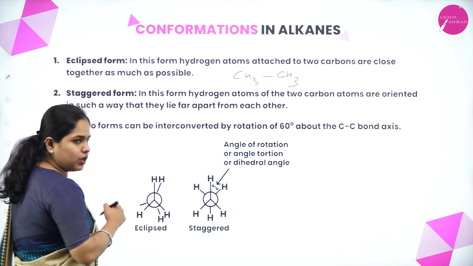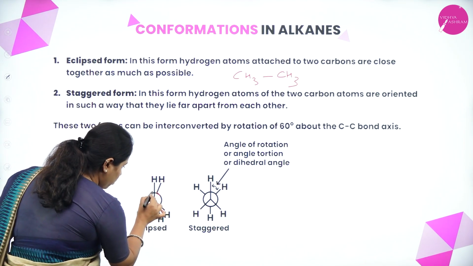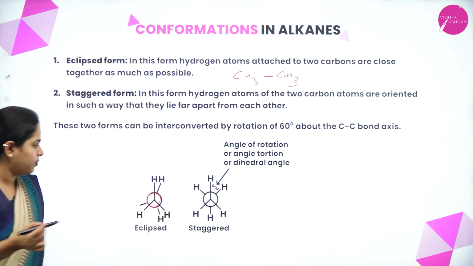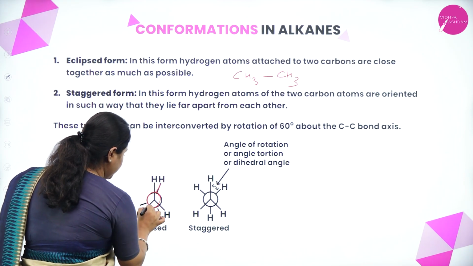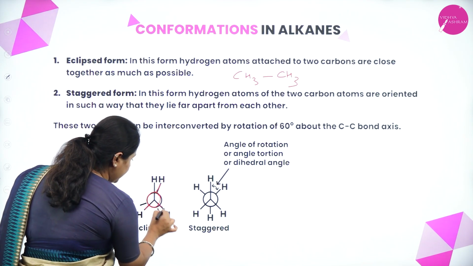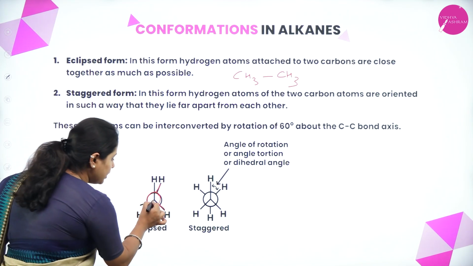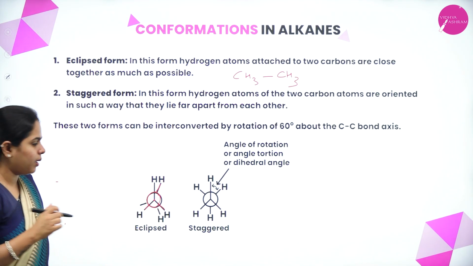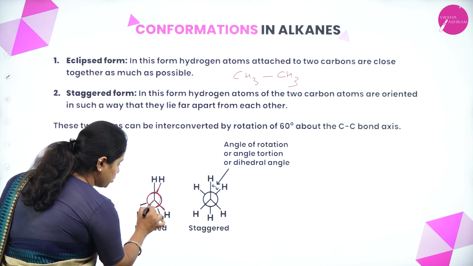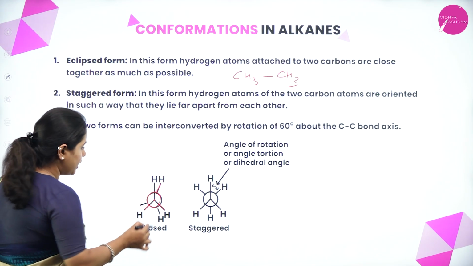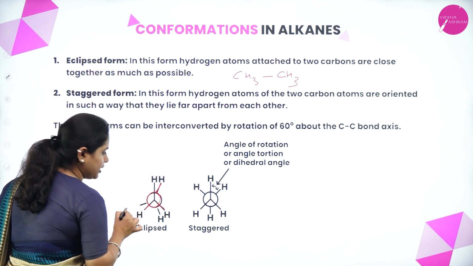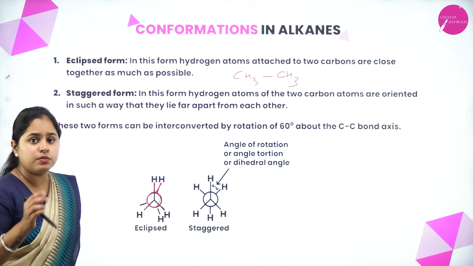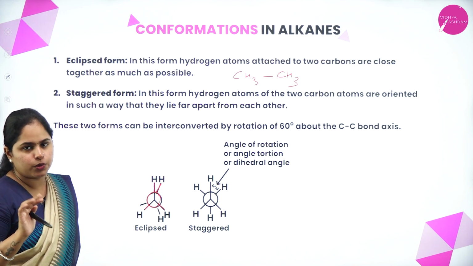Let's see. As you can see here, the one circle you can see, this circle represents one carbon atom and on which you have 1, 2 and 3 hydrogen atoms. Right, and in the middle you have another carbon atom which is represented, okay, by a dot, and on that you have 3 hydrogen atoms. And as you can see, this hydrogen atom of one carbon atom and this hydrogen atom of another carbon atom are as close as possible to each other.